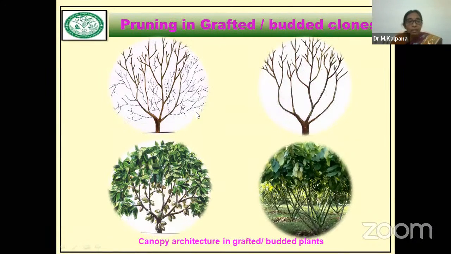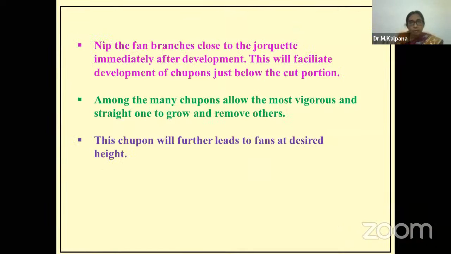But if the bud material or the graft material, the scion stick, is taken from the fan branches, the jorquetting is very close to the ground. It is just like fan branches only. This is the canopy architecture in grafted or budded plants.